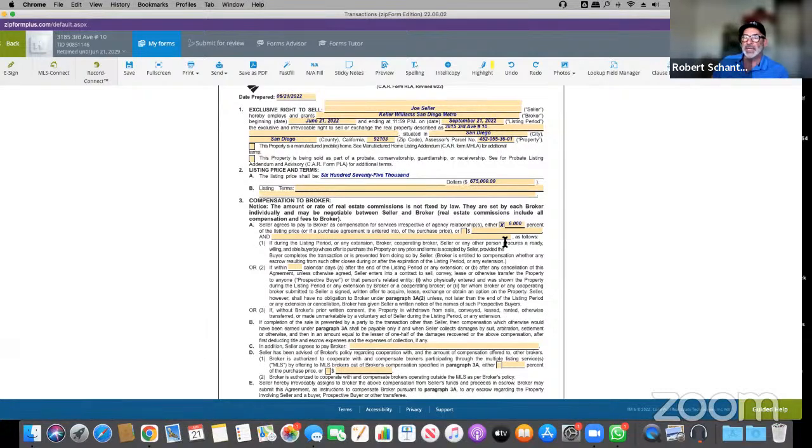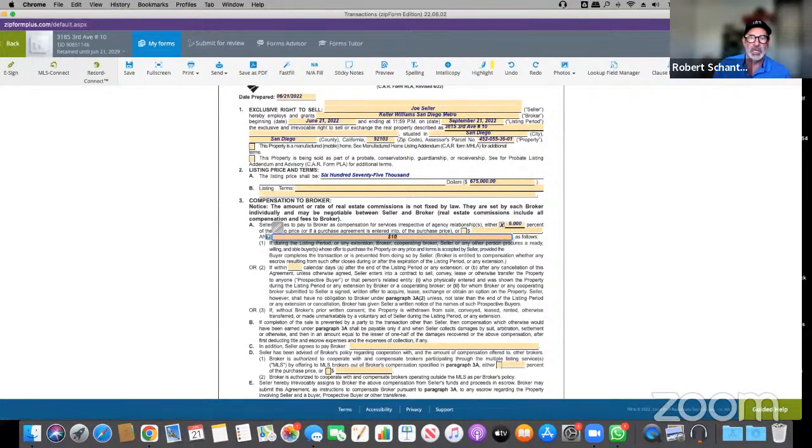So hopefully you are attending Stephen's language of sales scripting class because we bring up some valuable stuff in there. At this point, it's going to be 6% of the listing price, or you can do a dollar amount, or you can do an "and." The "and" would be, let's say the seller says, if an agent will bring a buyer, I'll pay that agent $2,000 as a bonus or $10,000 as a bonus.